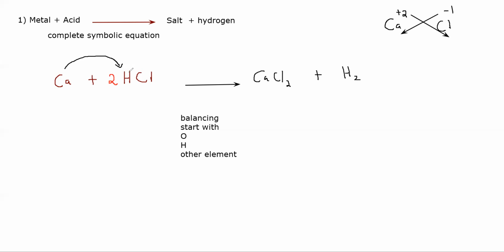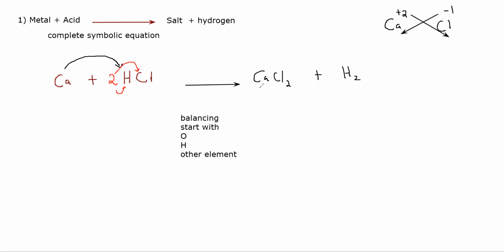Then when you check chlorine, how many chlorine atoms are there? 2 on the right hand side. How many are there on the left? This 2 is with hydrogen also, and this 2 is with chlorine as well. So 2 chlorine on the left, 2 chlorine on the right. So chlorine is also balanced. And what about calcium? Calcium is 1 on the left hand side and 1 on the right hand side. So calcium is also balanced.